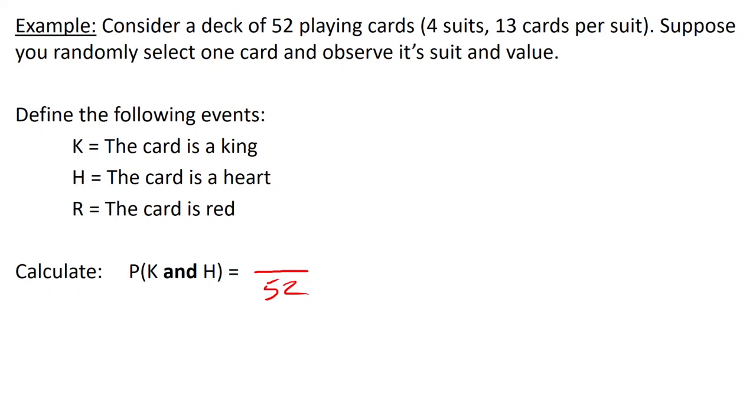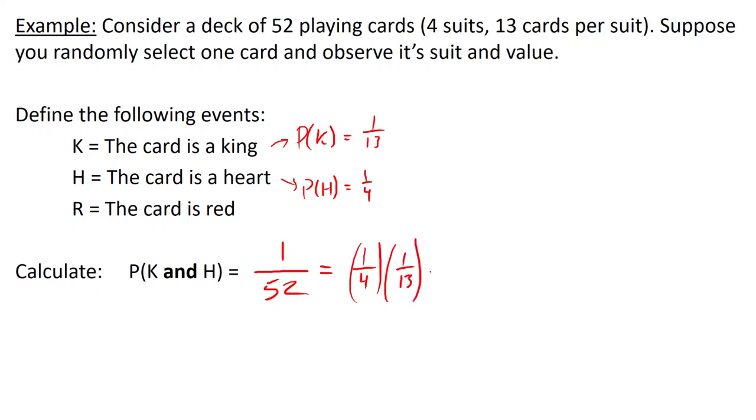But if you notice, the probability of getting a king was 1 out of 13, and the probability of getting a heart was 1 out of 4. And so the probability of king and heart is exactly the probability of king times the probability of heart. But neither one of these is conditional.